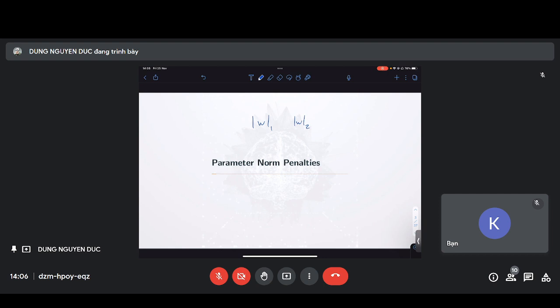For example, if you have w as a vector of w1 up to wD, right?